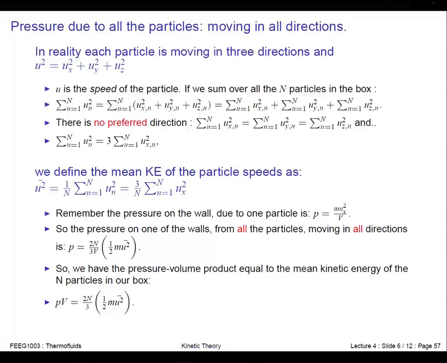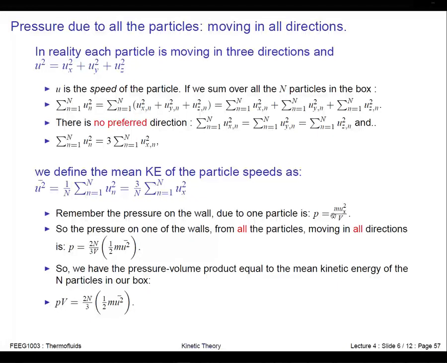Okay, so then we say, well, okay, we know what the pressure is related to one particle moving in our box in one direction, and that's that. So if we added up all of the particles moving in the x direction, we could work out the pressure due to that. That would be the sum of all the particles in the x direction.